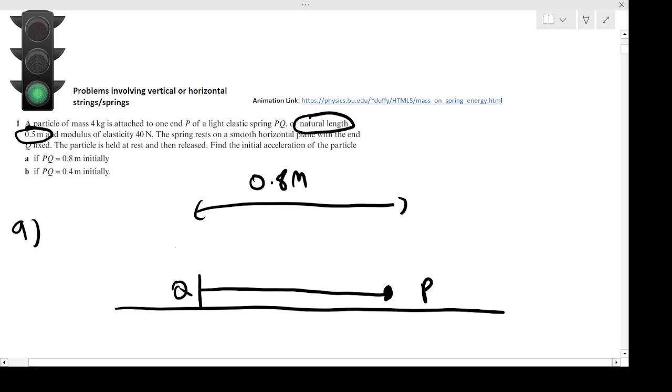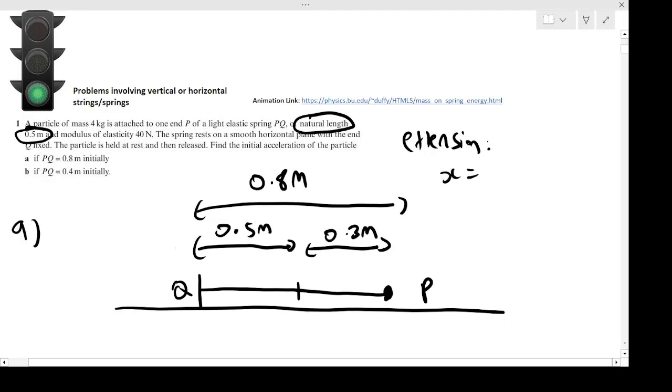So the string goes from 0.5 to now this 0.8 meters. What does that mean? It has to have been extended and stretched. I'll mark the natural length here, 0.5, and therefore the string must be stretched by a further 0.3.